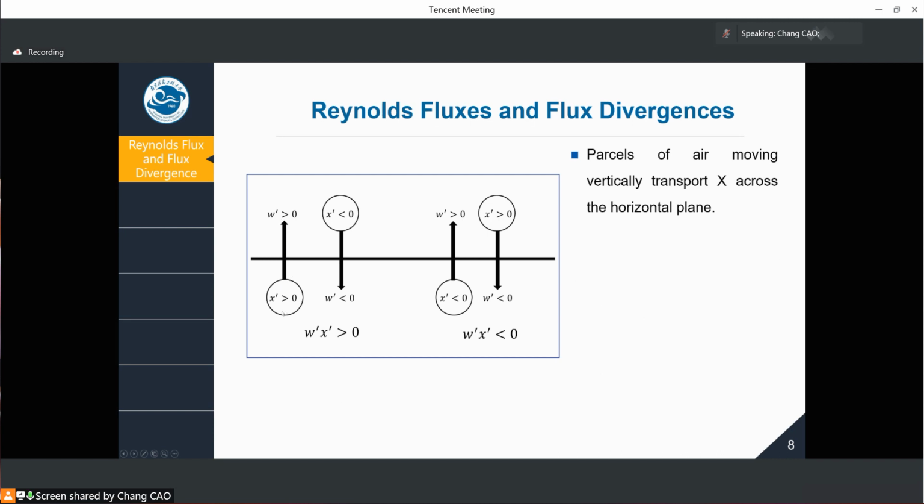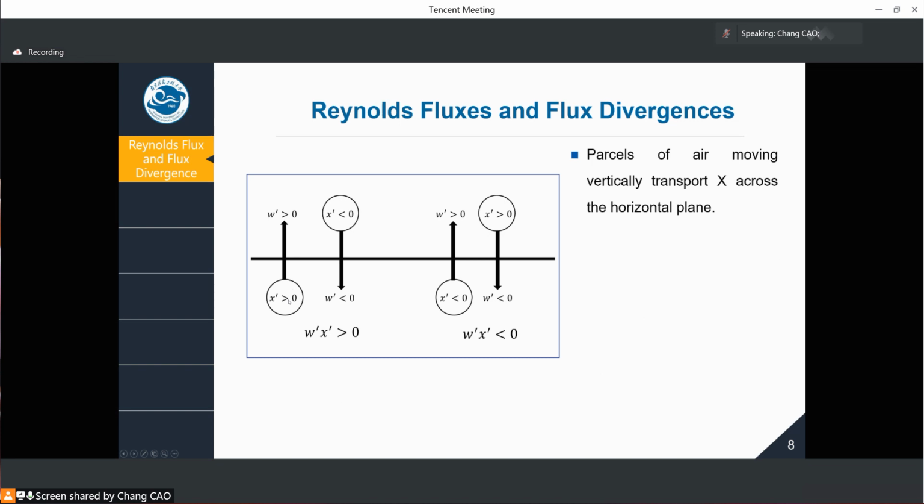And let's suppose that X is a scalar, maybe like CO2 concentration or other matter. This time, X prime is also bigger than 0. So the product of W prime and X prime will also be bigger than 0, right?